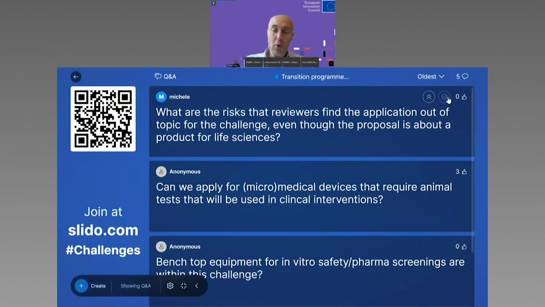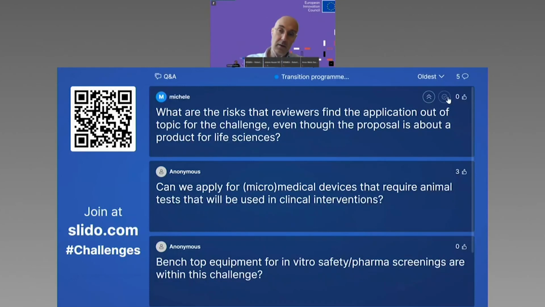We don't disqualify a proposal if it's not in scope with the challenge. We normally move it, most of the time, to open.